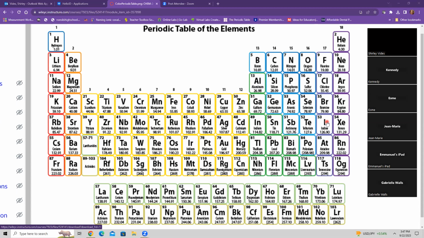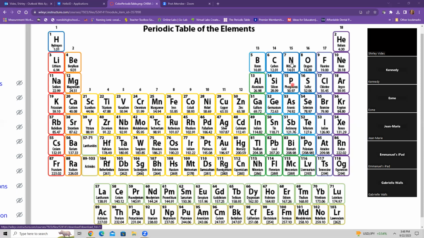This one, where nitrogen is, has a weird name. See, you need to learn these names. That's how it's going to be on your test. You're going to have an element and you're going to have to name the group.